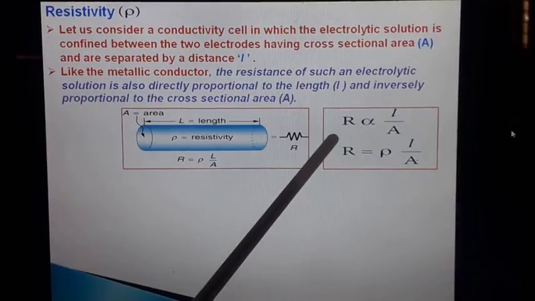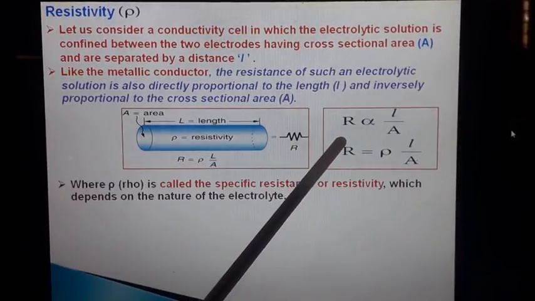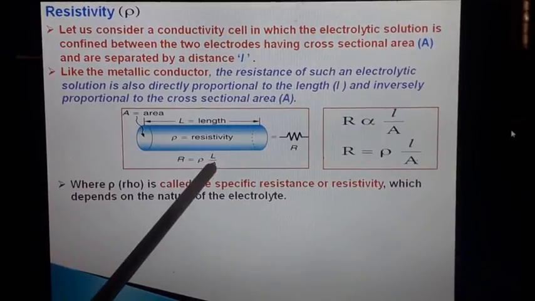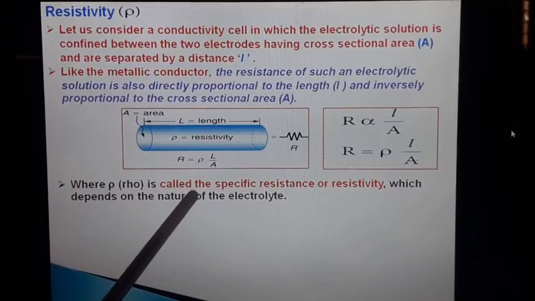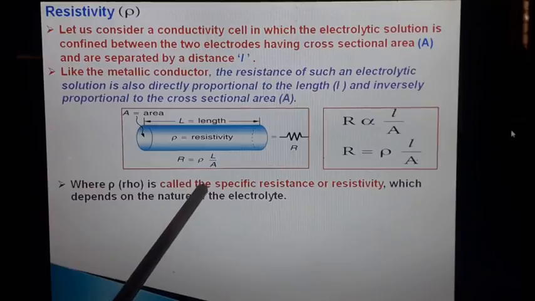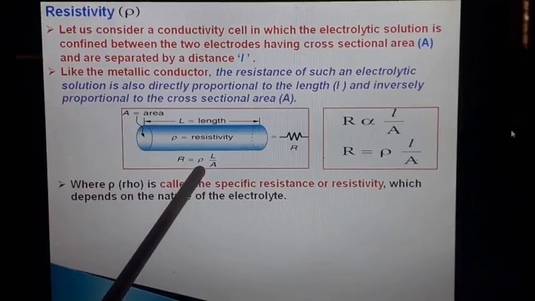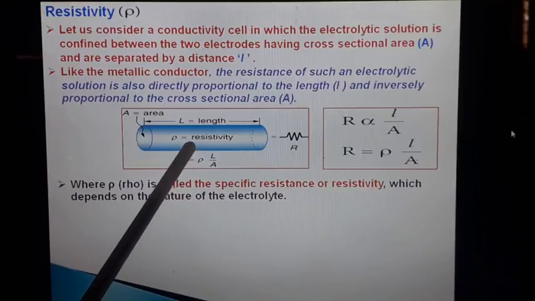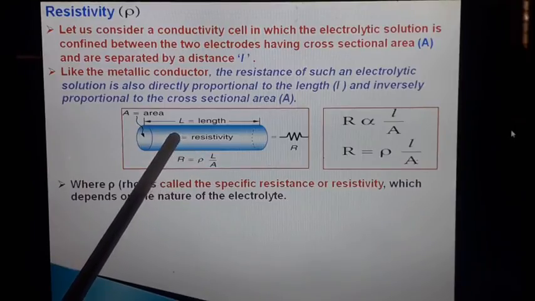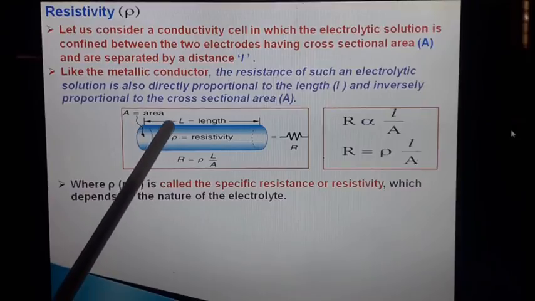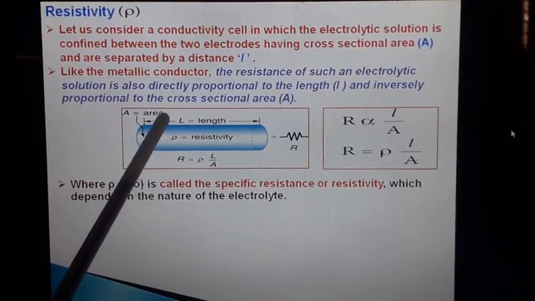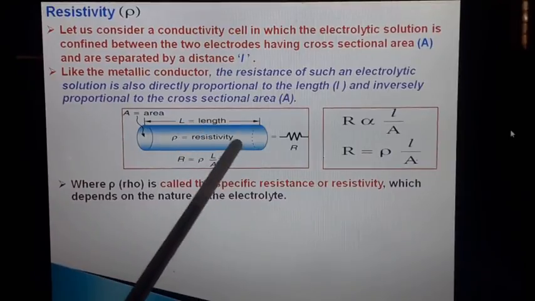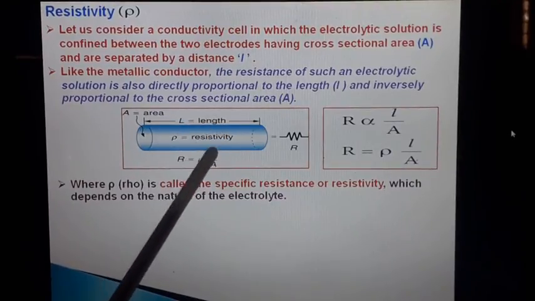So this is the formula for resistivity. Rho is called the specific resistance or resistivity, which depends on the nature of the electrolyte. Nature of the electrolyte means the nature of positive ions and negative ions, that is anions and cations, how they move, which resistance, the type of metal, are all important characteristics.